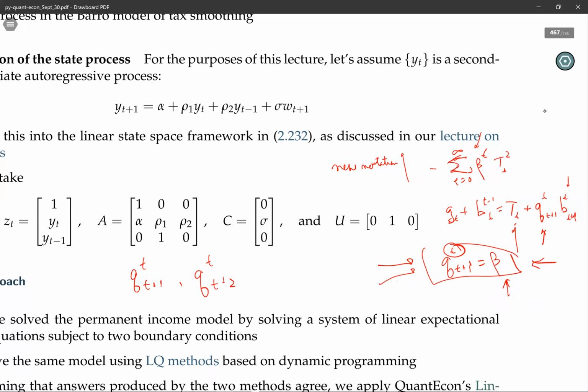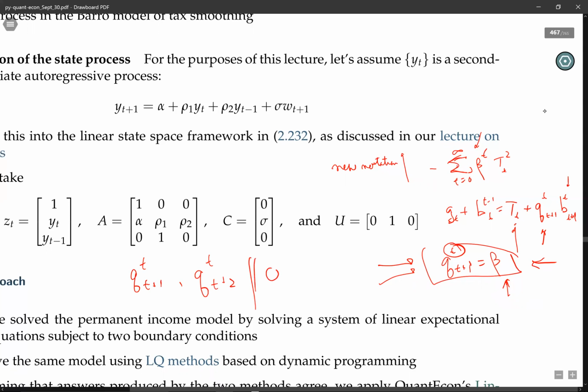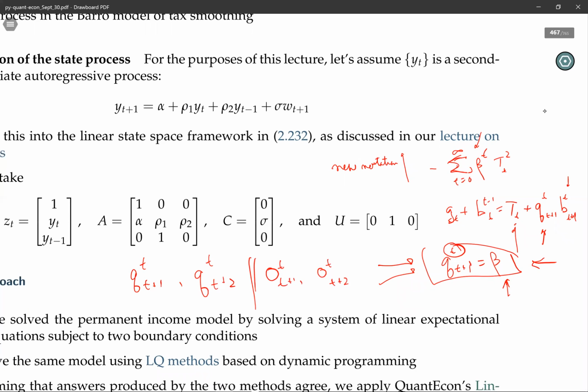And there were assets that had payment streams like this: one at t+1, one at t+2. So what happens if we want to modify the Barro model to have longer and shorter term debt, and ask what the government should do if it has access to those?